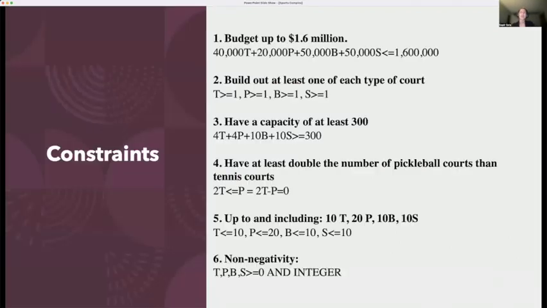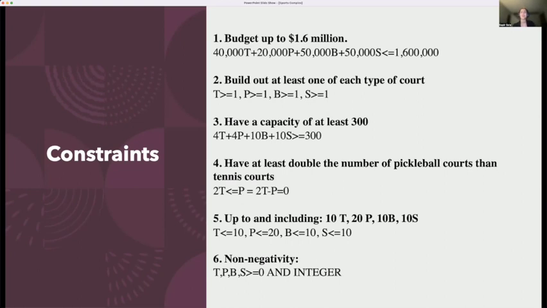So the investors have a budget of $1.6 million, and I played around with this number since this is all hypothetical, and I came up with this number because anything lower than that would not make it feasible, and anything above that is not really necessary, practical, or reasonable.